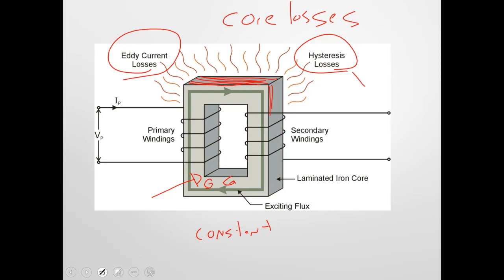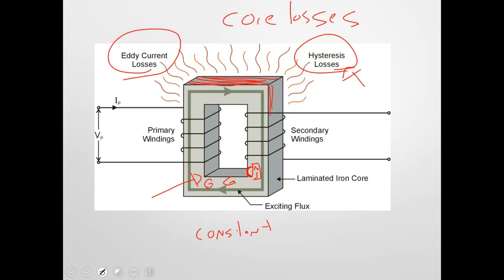The second part is hysteresis losses. Hysteresis occurs when we have an AC circuit and the magnetic domains are continually flip-flopping because our current is changing direction. The direction of the magnetic field will also change, so at the molecular level the magnetic domains of the iron are going to be changing direction, north-south, north-south.